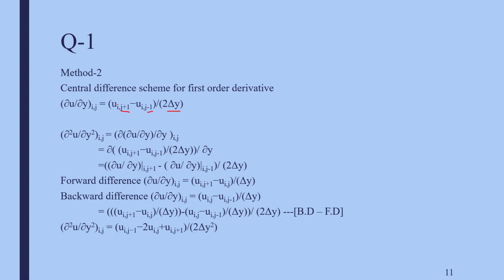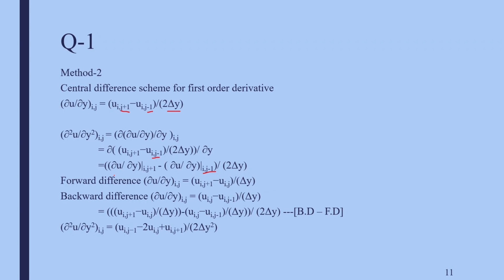So this is del times of u i,j plus 1 minus u i,j minus 1 divided by 2 delta y, divided by delta y. So this would be giving us del times of u i comma j plus 1 divided by del y minus del times of u i,j minus 1 by del y, and the rest of the terms remain.